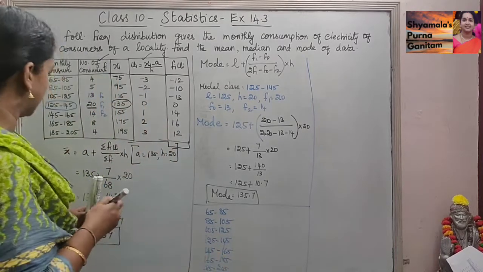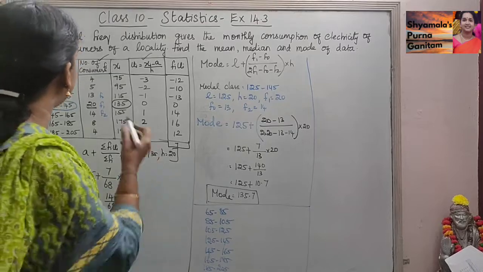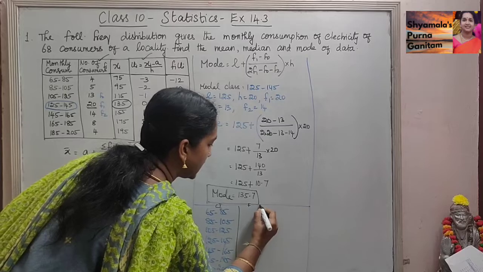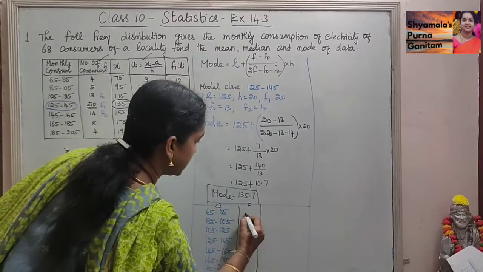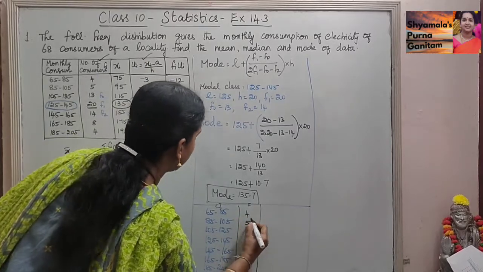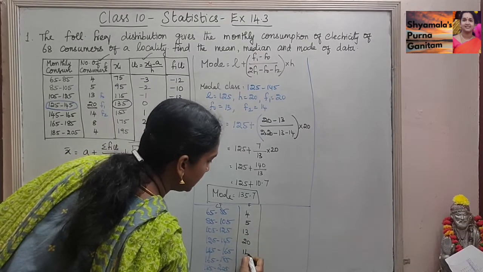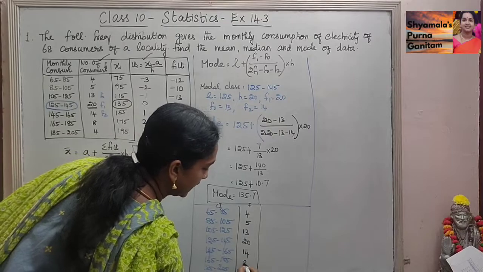This is the class interval. Now, the frequency given for this distribution is 4, 5, 13, 20, 14, 8 and then 4.